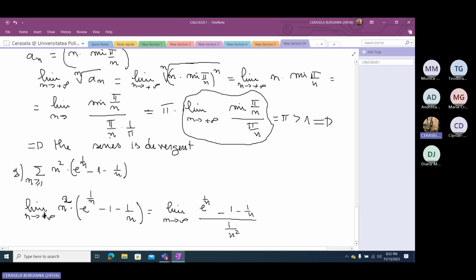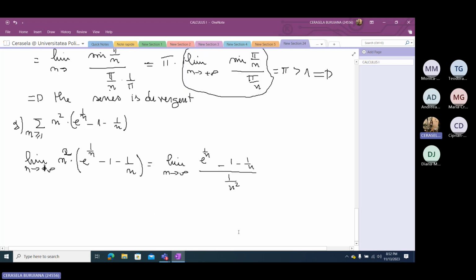I didn't change the limit, it's the same, but written in another way. Okay, and now, if I try to compute this limit, what will I obtain? If you just look a little and try to compute the limit, what do we get? How much will it be at the numerator? How much is at the denominator? It's 0 over 0.